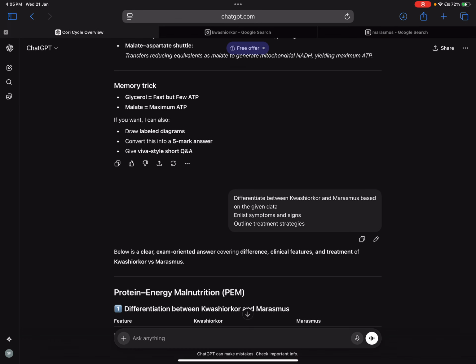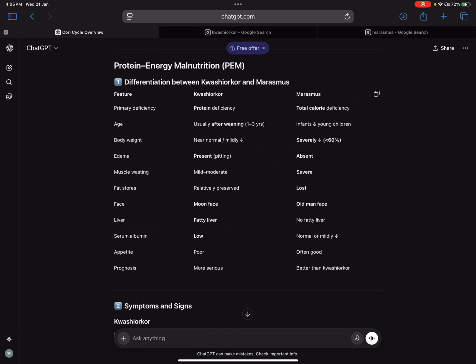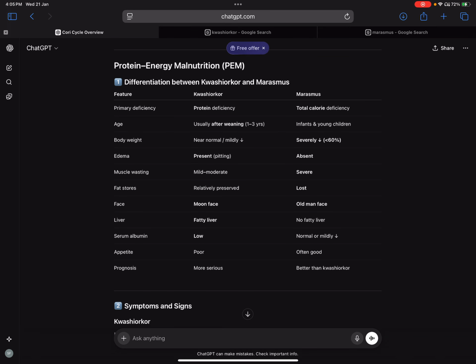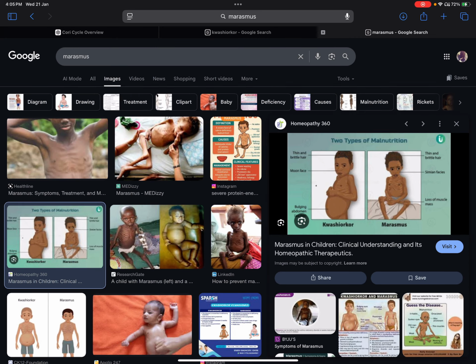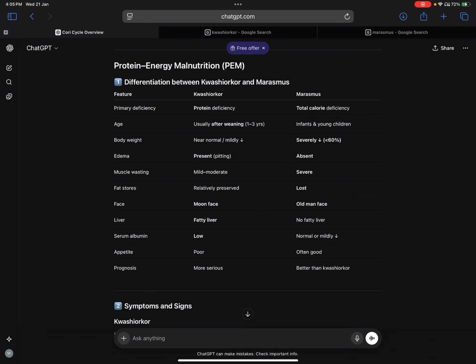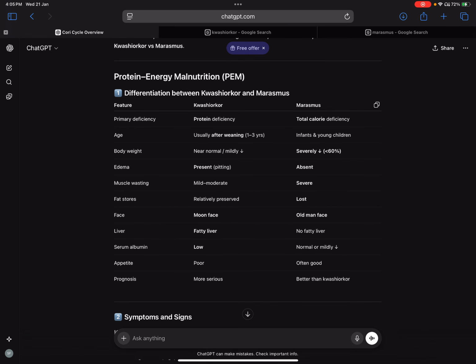So yeah. Now in kwashiorkor, usually the body weight is normal or mildly low and there's edema, and obviously there's a pot-like belly. Muscle wasting is mild to moderate. In marasmus, there's severe muscle wasting, you can see their bones, and obviously there's no edema.